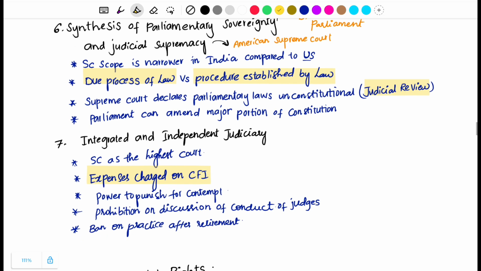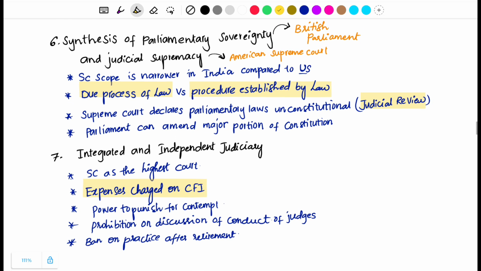Also, the judiciary has the power to punish for contempt, be it criminal or civil contempt. The High Court at the state level and the Supreme Court at the center can draw contempt proceedings if anyone disobeys the orders of the courts.